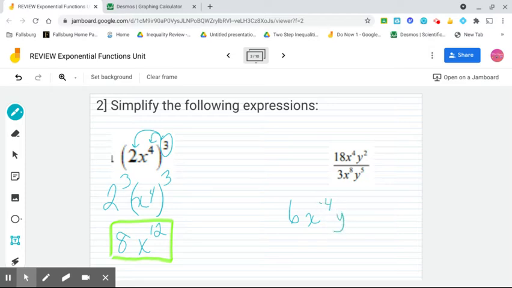And then my y values, 2 minus 5 gives me -3. But again, I don't want negative exponents. So that means 6 is going to stay in the numerator, and we're going to move x to the 4th, y to the 3rd, down to the denominator because those have the negative exponents. So this here would be our final answer.